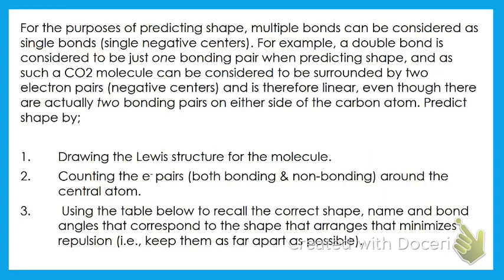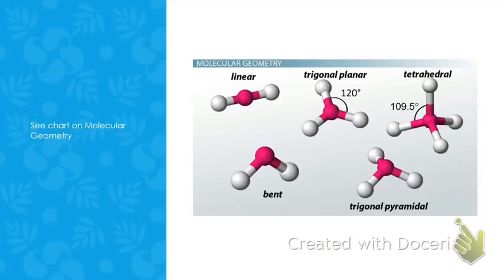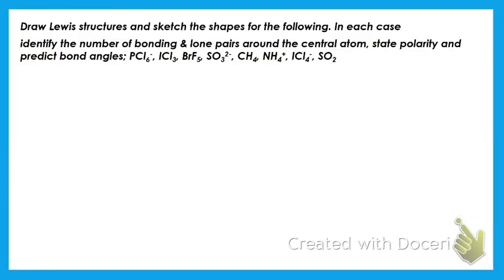Okay, so we're going to draw the Lewis structure. We need to include the lone pairs and the bonding pairs, and we call those areas of electron density, or they call it electron groups. Okay, so we're going to draw a few, because you can look at a chart and you've got lots of practice to do.